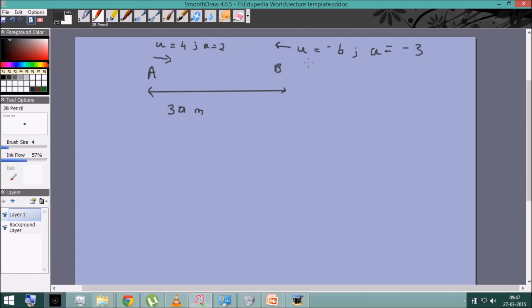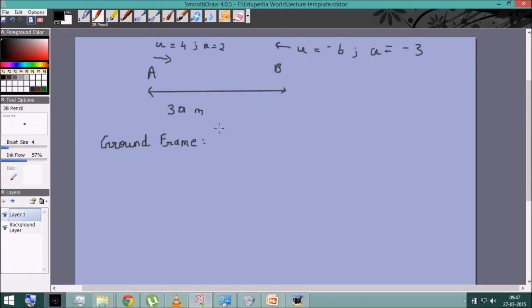I'm going to solve this question 3 ways. The first, in the ground frame, the second in the frame of A, and the third in the frame of B, and I'm going to show you we get the same results no matter how we solve the question. So the first we'll do it in the ground frame. In the ground frame, they both meet when the total distance covered by them becomes 30.